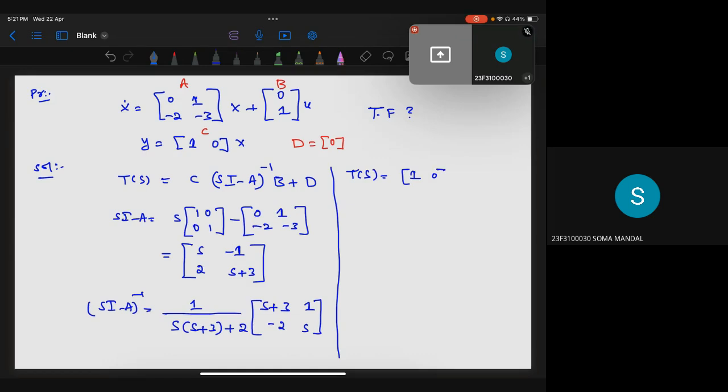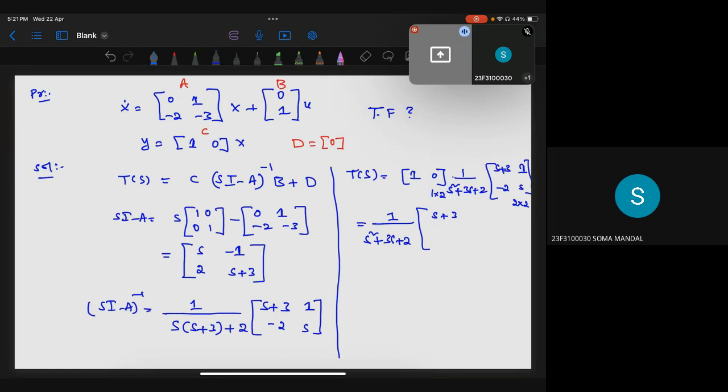So [1, 0] multiplied by the matrix, so 1 by s squared plus 3s plus 2, and the result is s plus 3, 1. Okay, correct?